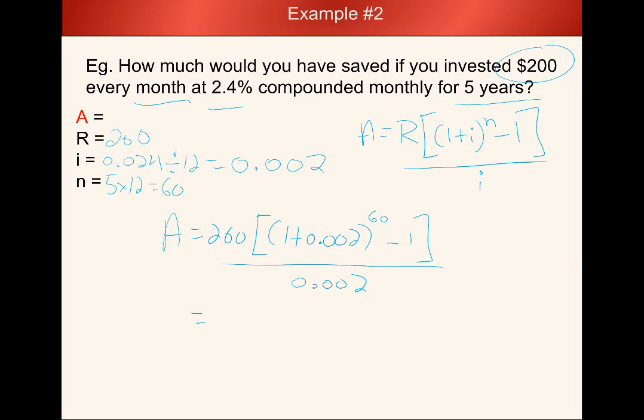Times 200, divided by 0.002. And it says I'm going to have $12,736.17. It's hard for people to put away money, but if you do, it can really add up. So just after 5 years, you've got almost $13,000 saved up.